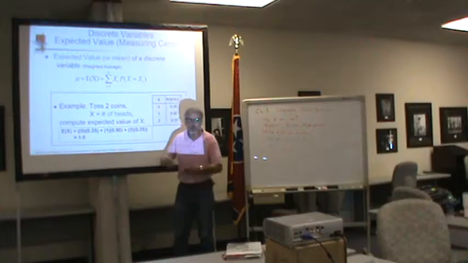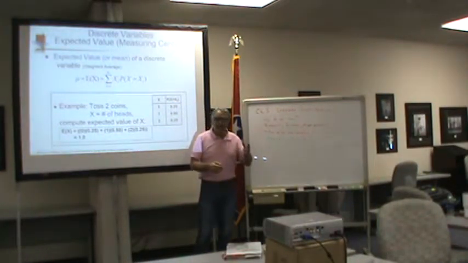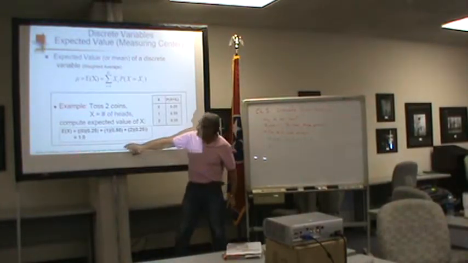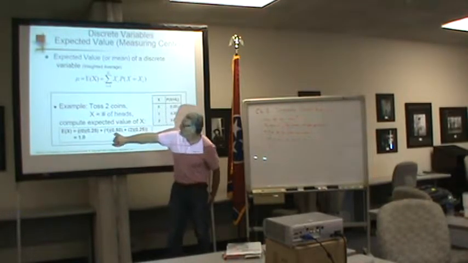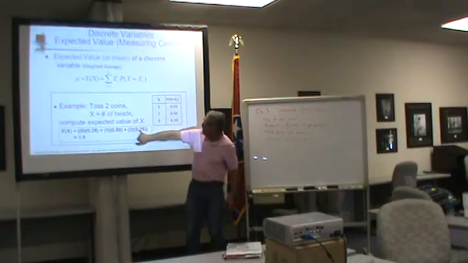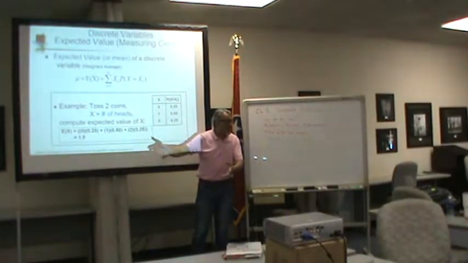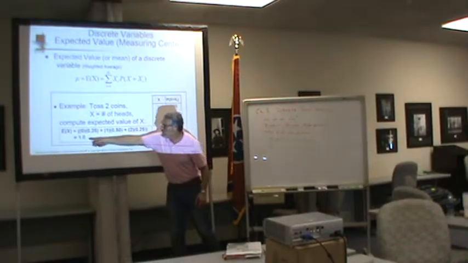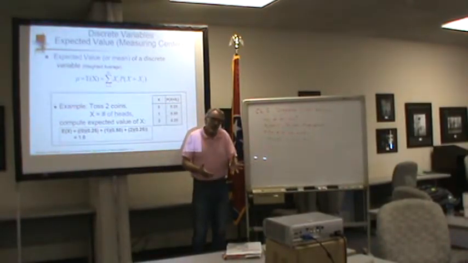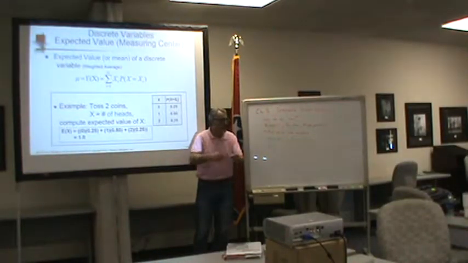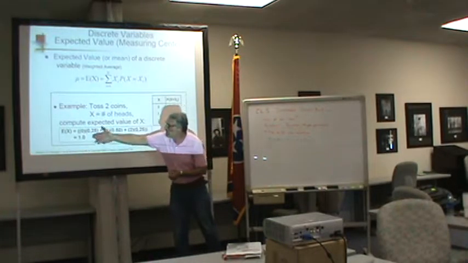So in the 2 coin toss, remember we had a 25% chance of getting 0, a 50% chance of getting 1, and a 25% chance of getting 2. So the mean, or the expected value, of that particular statistical process is 1 head. That makes sense, right? You think about the picture we had: we could get 2 tails or 2 heads, but in general we had a much greater chance of getting 1 head. So that's what you would expect, the mean.